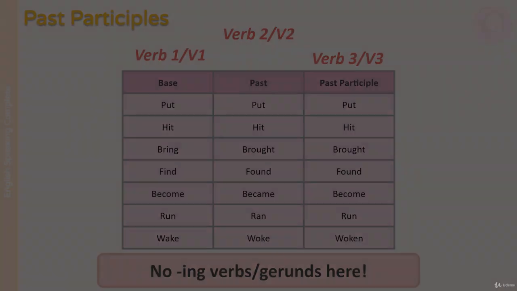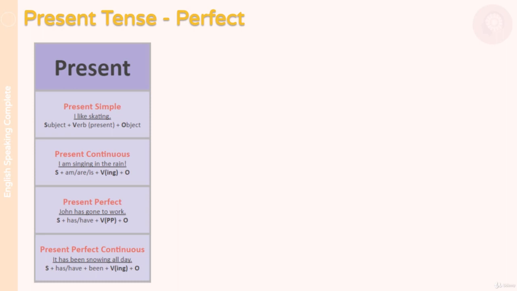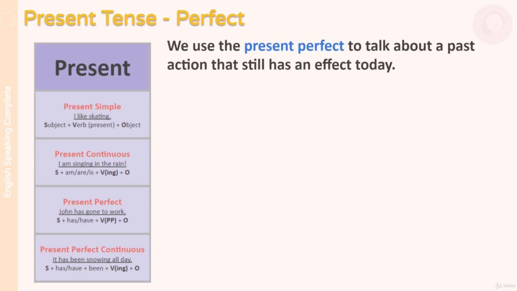Okay, so let's begin with the present perfect tense. We use the present perfect to talk about a past action that still has an effect today, such as John has gone to work. He went to work sometime before. We don't know when.